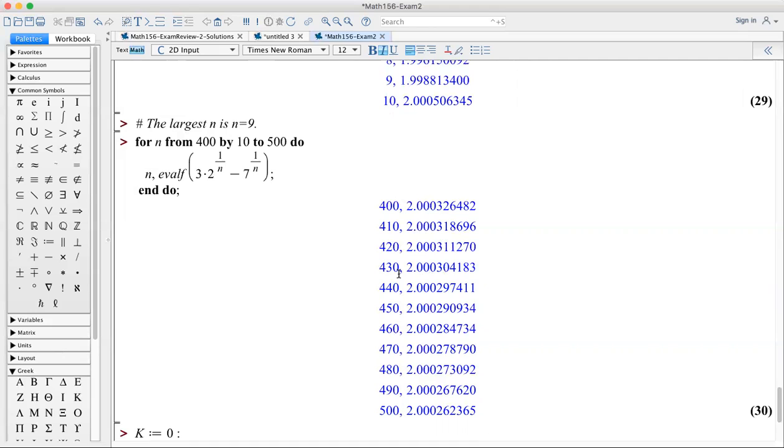It's something between 430 and 440. So let me just look at the numbers from 430 to 440. I don't have to go up by tens, I can just go up by ones. Here we are. It drops below 2.0003. The smallest number for which that's true is 437.